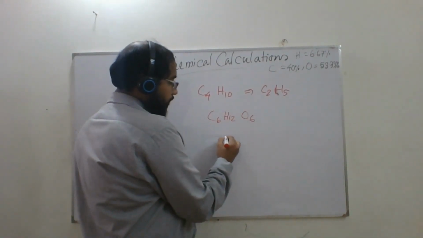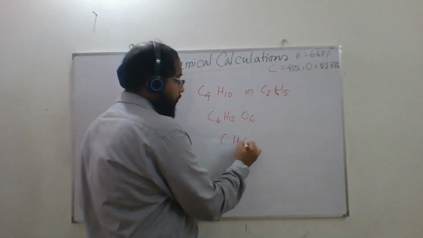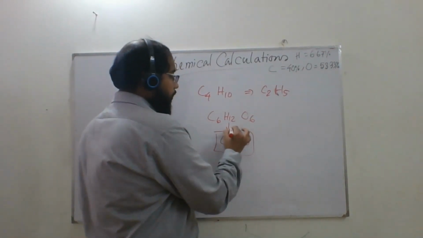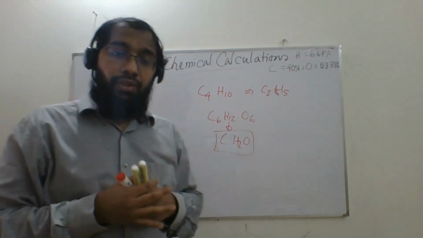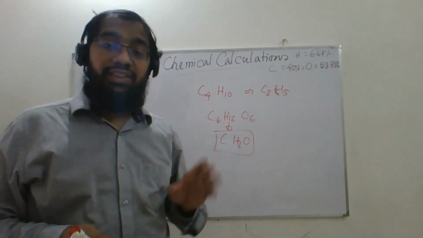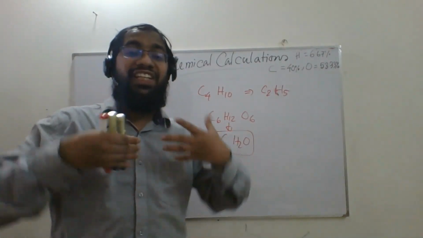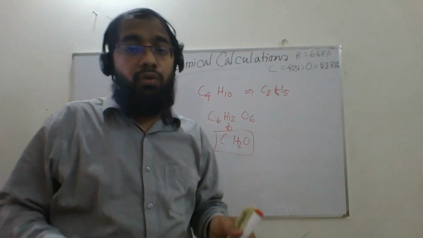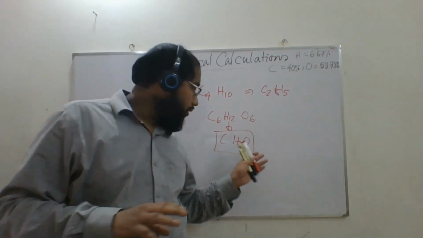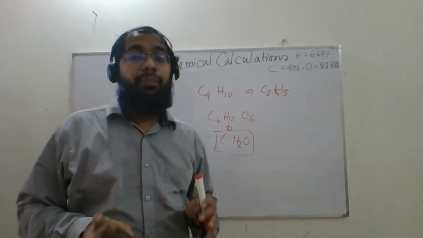It will be the simplest formula CH2O. So CH2O is the empirical formula which determines the simplest ratio, and C6H12O6 is the molecular formula which gives you the exact number. Now how to calculate the molecular formula or the empirical formula from a percent composition?